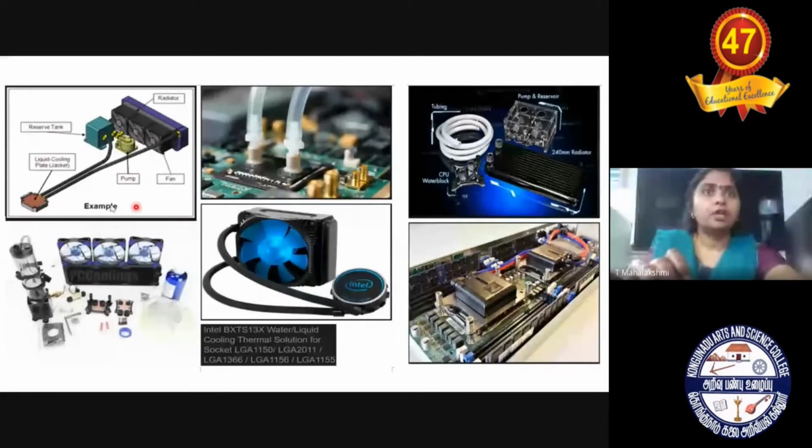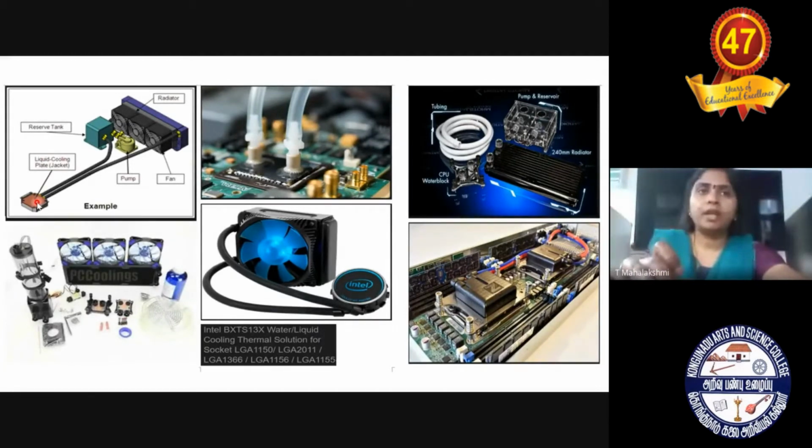See, the reserve tank is here and the liquid cooling plate is there, and in this they will fill the nanofluids. In this plate, we can keep our particular chip, to keep the chip always cooled, because once we start the operations of the electronic device, it will produce more heat.